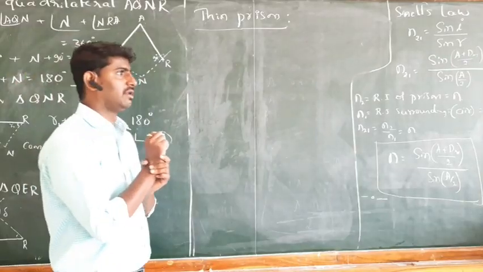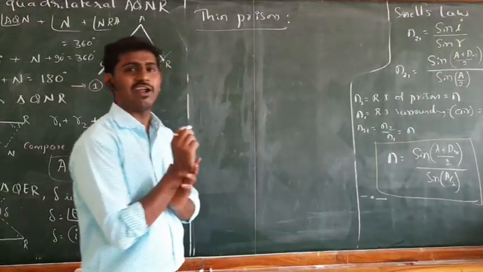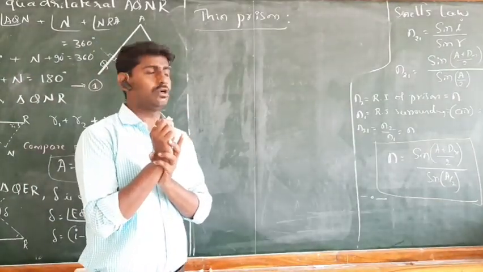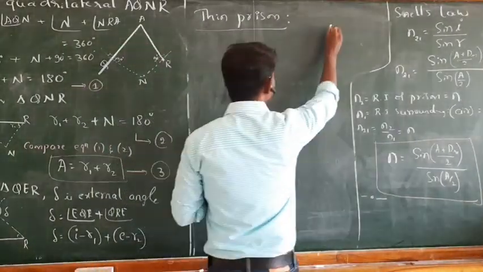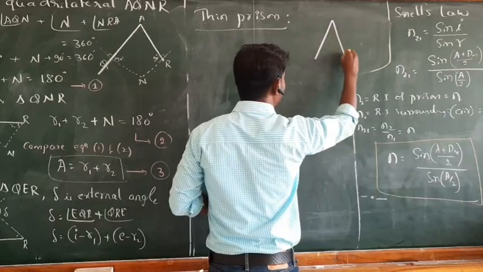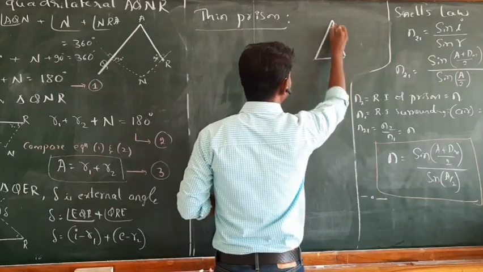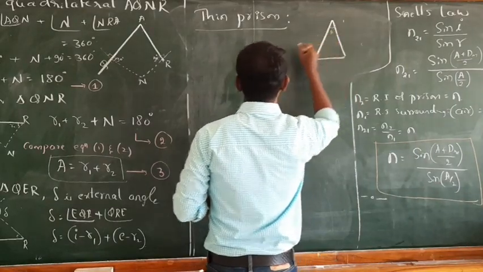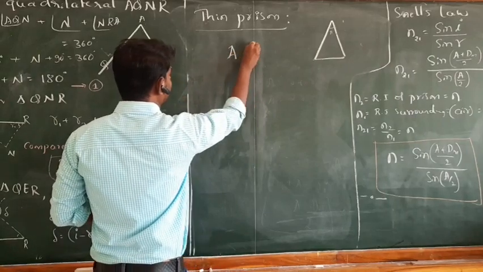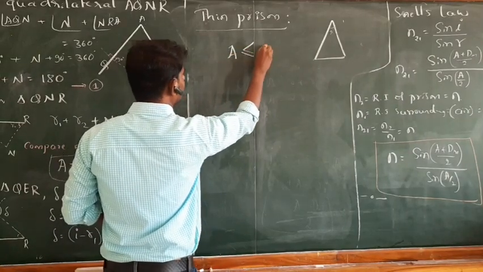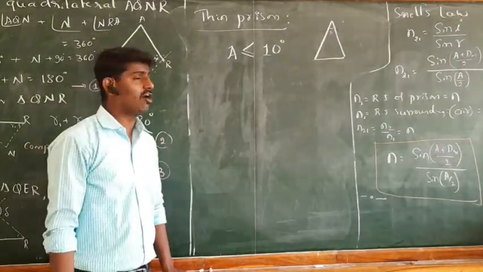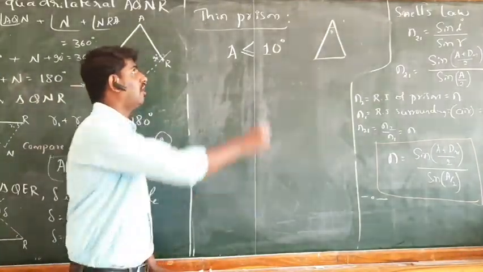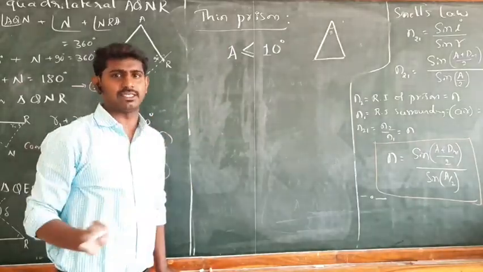So thin prism. Some prisms are called thin prisms. When you say the prism is thin, there is a condition: if the angle of prism is less than or equal to 10 degrees, then we call that prism a thin prism.